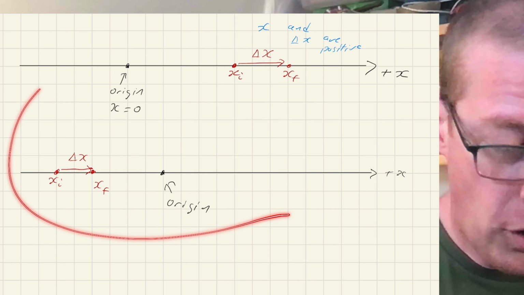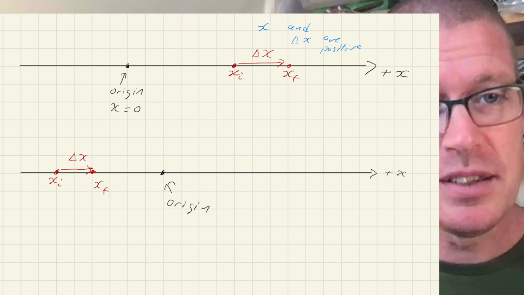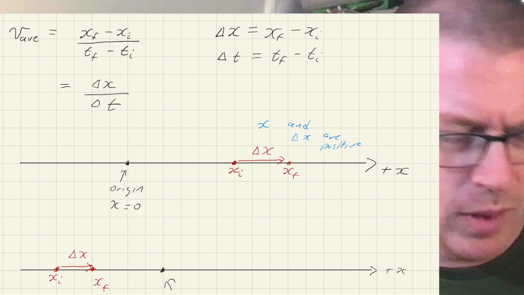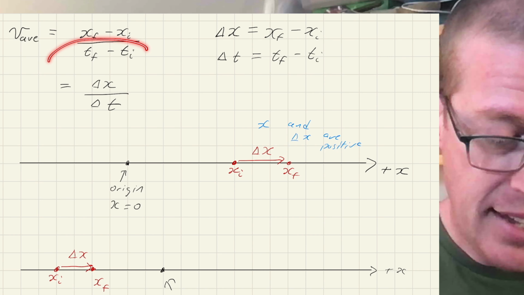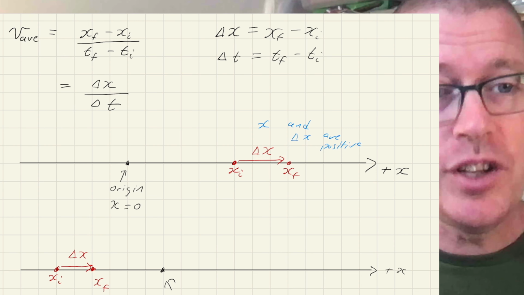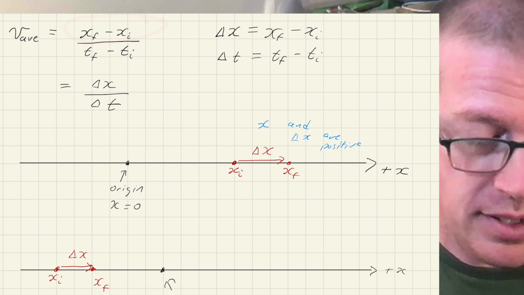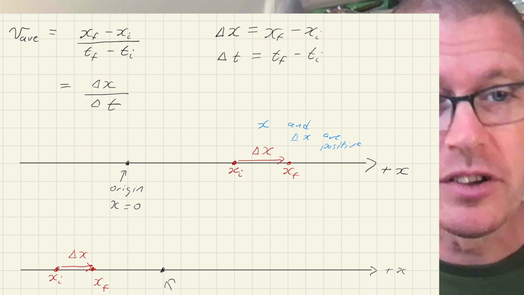But you can always fall back on just reasoning about position and displacement to understand how things work. One important thing here is that the x's and the t's have units. So if I measure position in meters and time in seconds, then velocity will have units of meters per second.